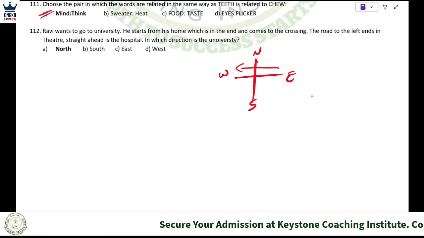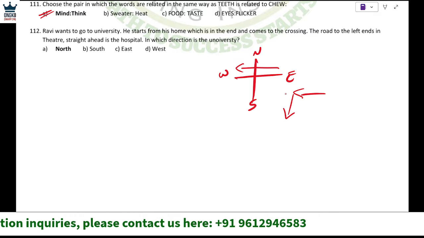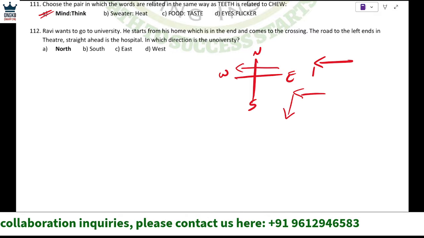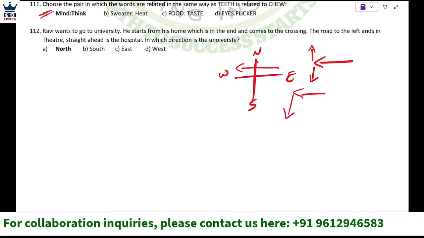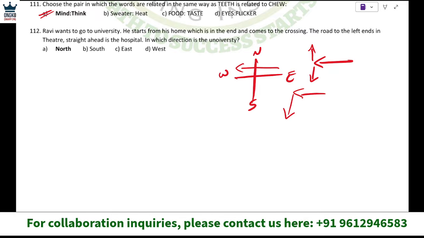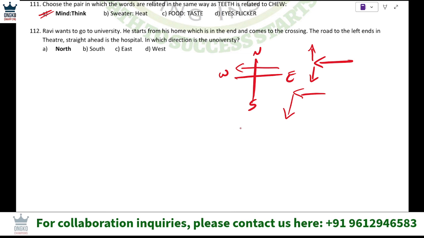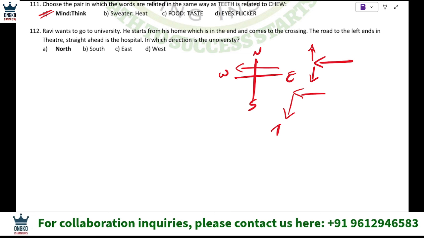Yes, facing west, that left side will be south or no? Because when facing west, this is left and this is right or no? Yes. So the theater is to the south.